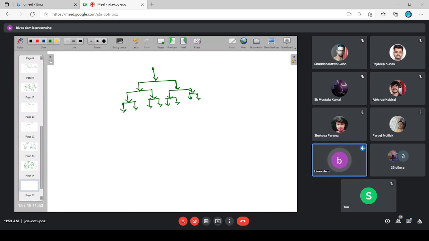So if you have one XOR function of 8 variables, first I'll go for this.